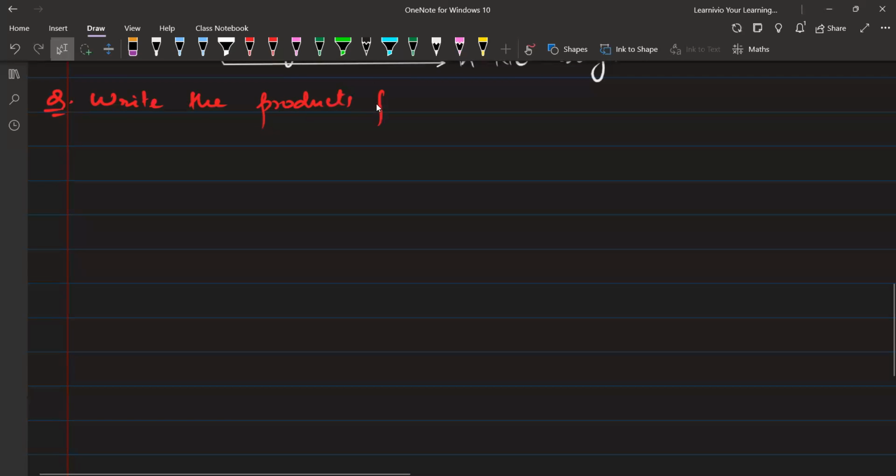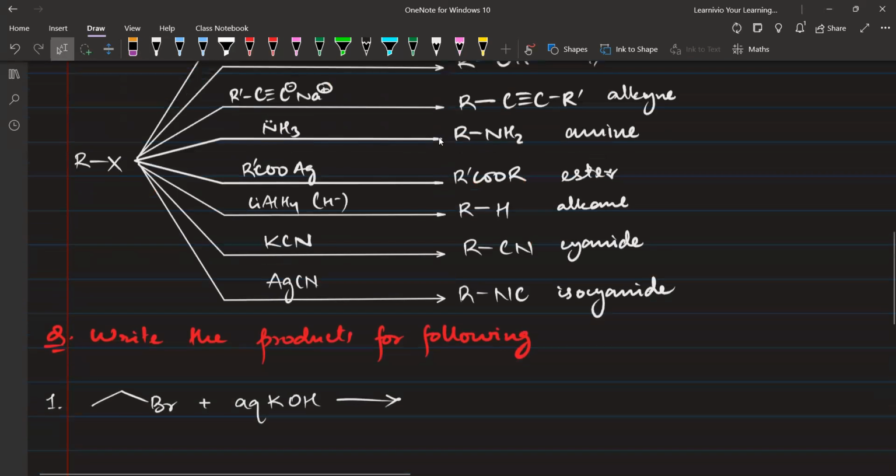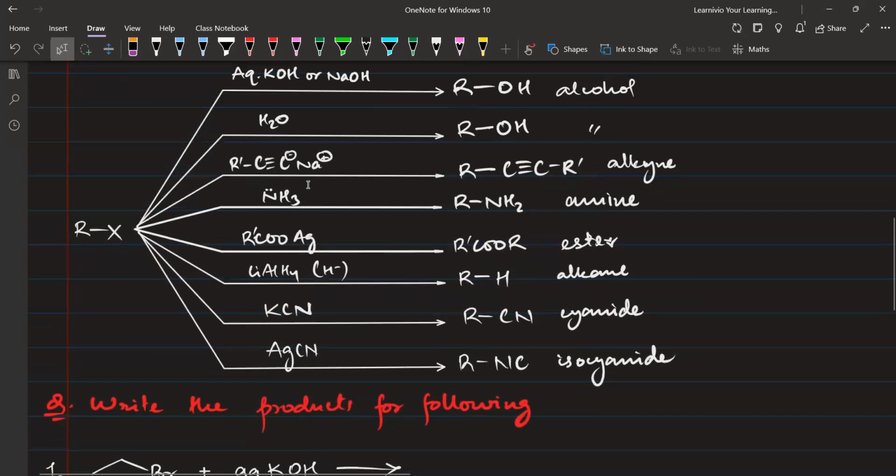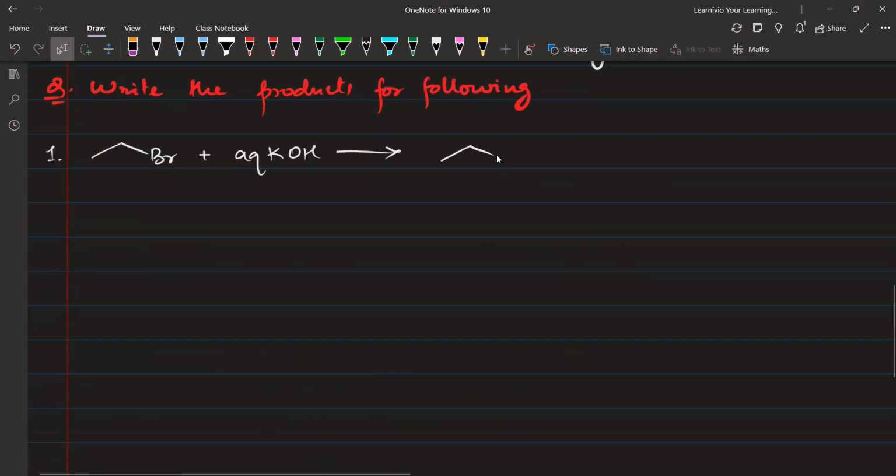Write the products for following. बस aqueous KOH. तो देखिए कैसे प्रोडक्ट बनाना है. Everything will be as it is. Br will be replaced by OH, as you can see यहाँ पे ना. X is replaced by OH in aqueous KOH. So everything as it is, and the Br will be replaced by OH. ठीक है. If you want to write the reagent, like what will be the byproduct, it will be KBr.